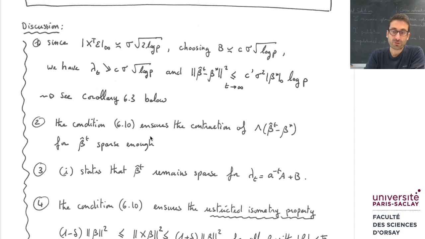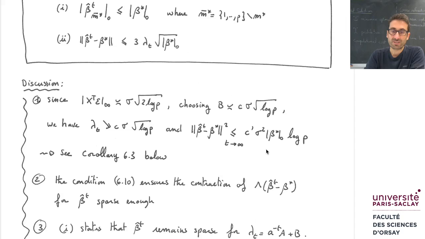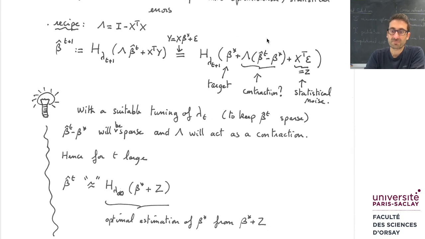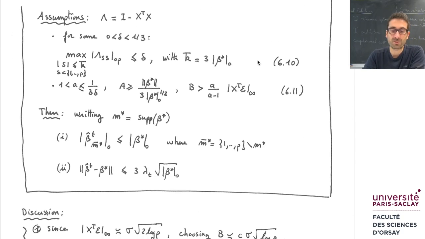This is something that we will see in the proof. In order to have this contraction, we need beta hat t minus beta star to be sparse enough. Beta star is sparse, so we need beta hat t to be sparse, and this is exactly the statement. This statement tells you that beta hat t remains sparse.